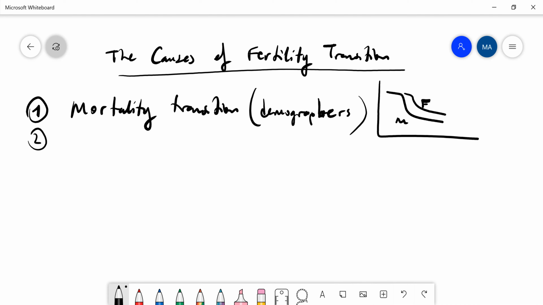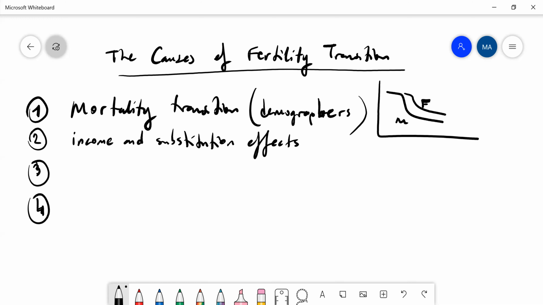Now, economists put forward 3 other explanations, okay? One is the interaction of income and substitution effects. I'm going to explain in a moment.